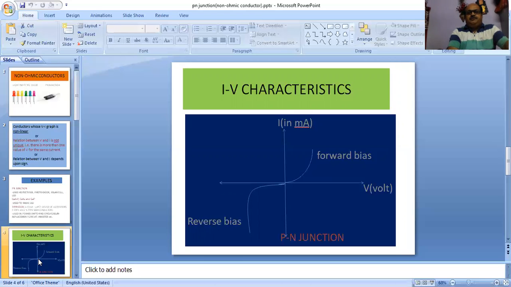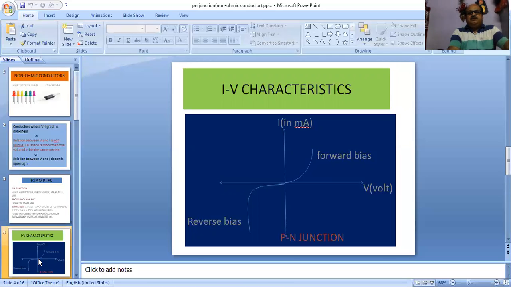But when it is doped with group 13 atoms and group 15 atoms, a PN junction is formed. And what type of processes take place near the junction, we will discuss later on.